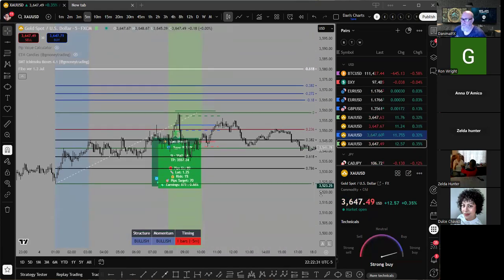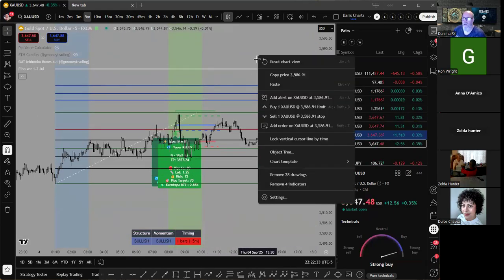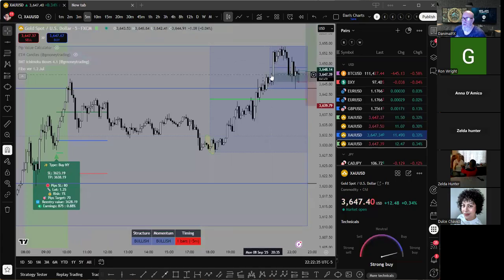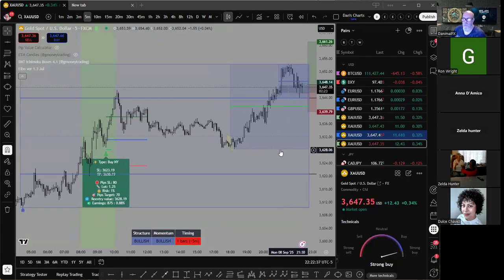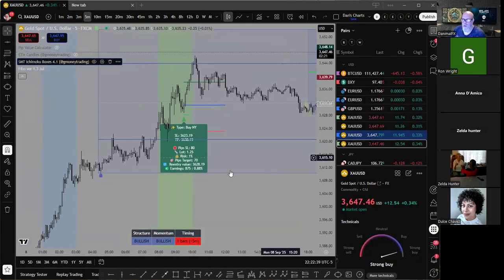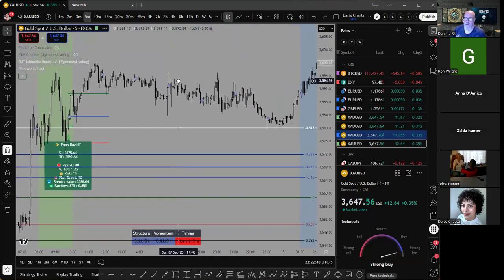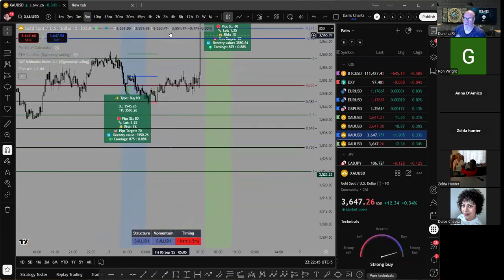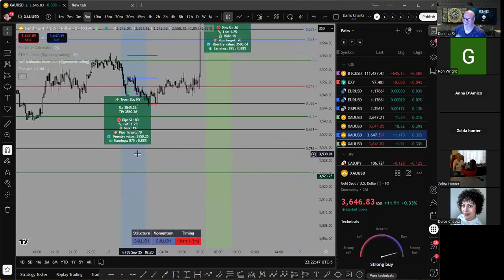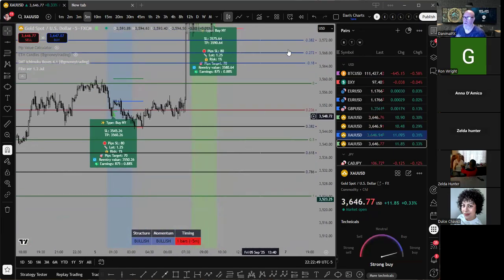Where's my S&P boxes? It should be here. Oh, it never did hit the take profit at 35.57, did it? 35.58. Where's that resell at? And it didn't do that.